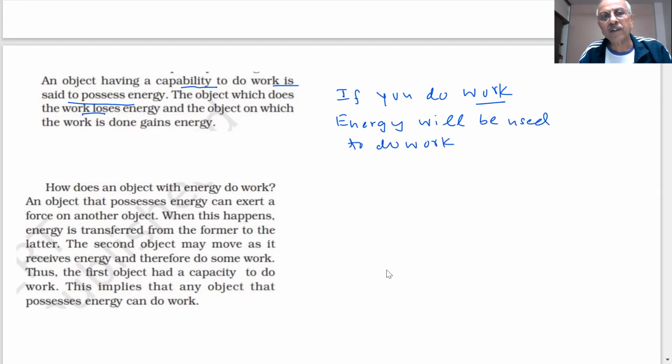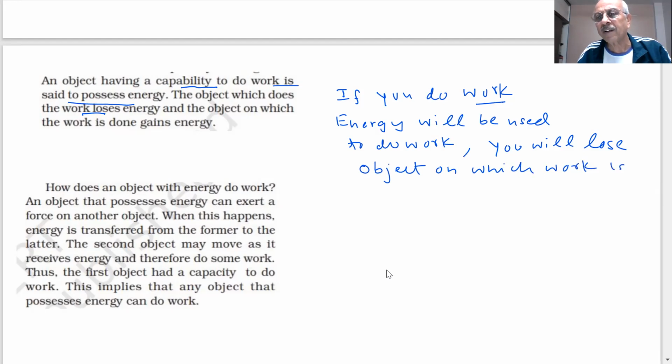Then what will happen? You will lose energy. And the object on which work is done will gain energy, right?